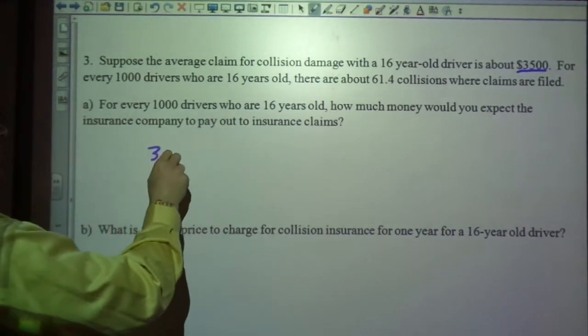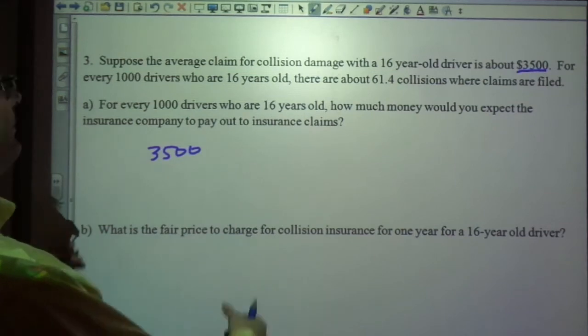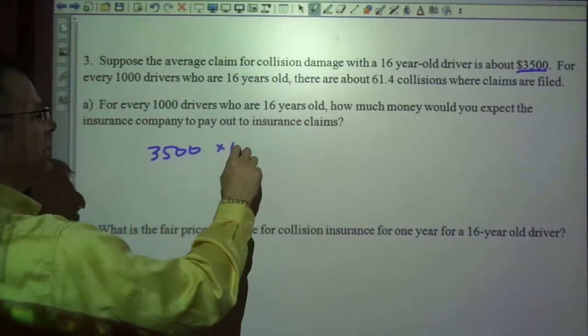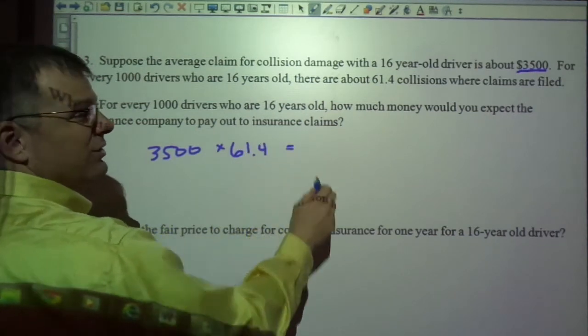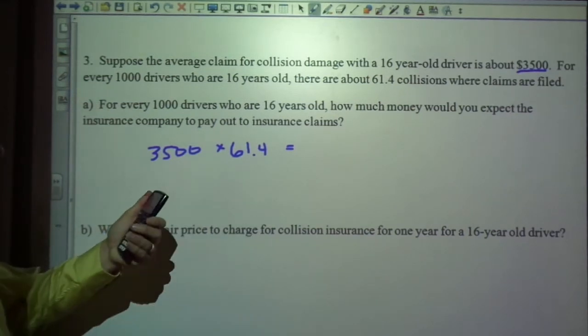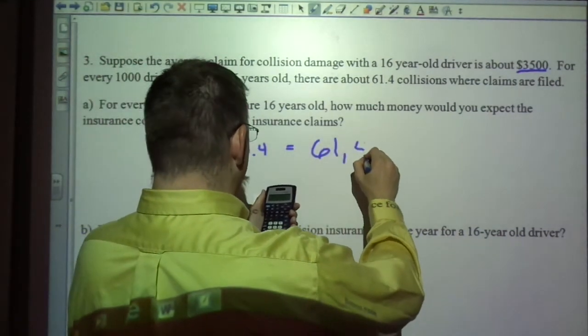Well, they're going to have to pay $3,500 every time there's a crash. And how many crashes are there in this group of 1,000 drivers? There are 61.4 collisions. This is a true stat, actually. I looked this one up. 1,000 times 61.4. That's a lot of crashes for young people. That means 61,000.